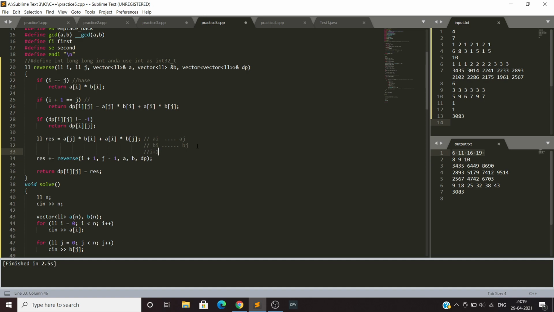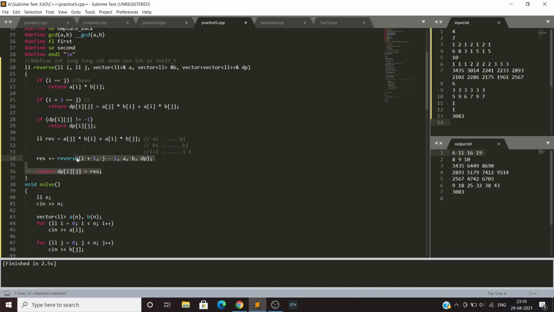So we take i plus 1 and j minus 1, because we are done with that part and we recursively add the part for smaller ranges. This happens recursively, and we can memoize the answer for every i and j.